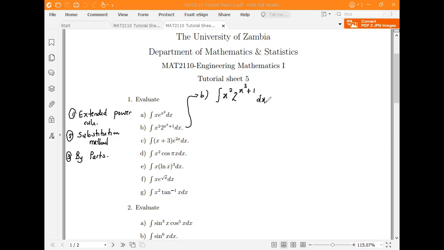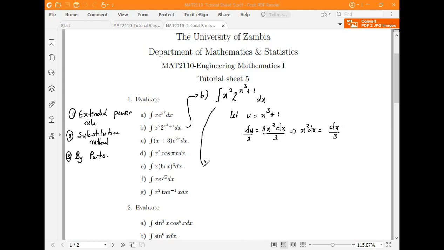So if we let u be x cubed plus 1, obviously du is going to be 3x squared dx. So if we divide by 3, we are going to have x squared dx equal to du over 3.